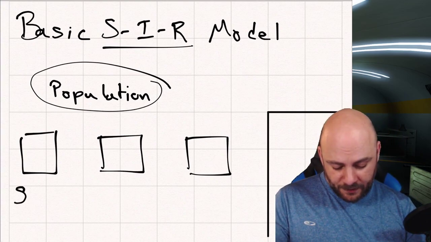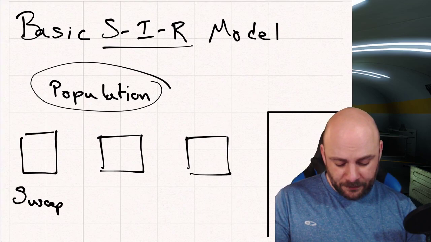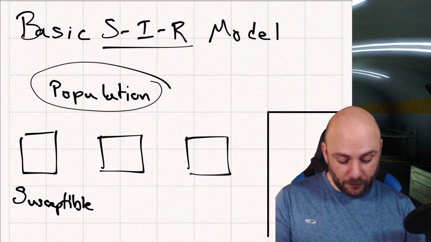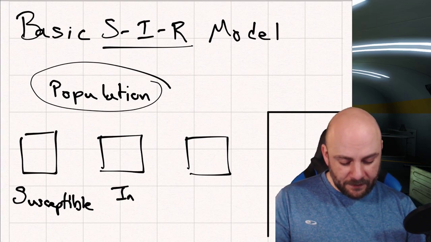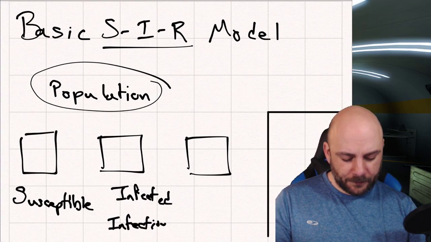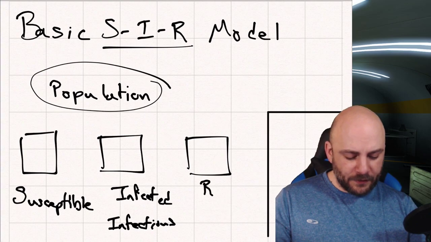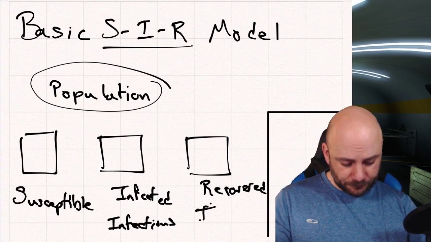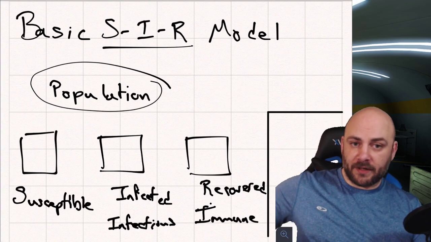The first one is susceptible to the disease, which means these folks can get it, maybe haven't gotten it before. These are infected, and most importantly, not only are they infected, they are infectious. And then these folks are recovered, and for this relatively simple case, we consider them to be immune to the disease once they've recovered.